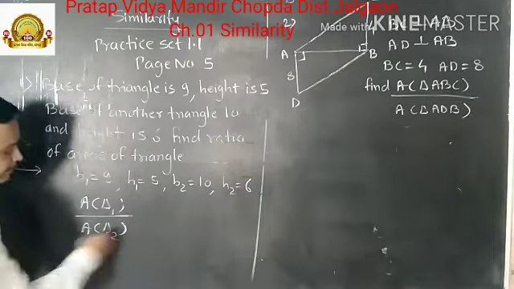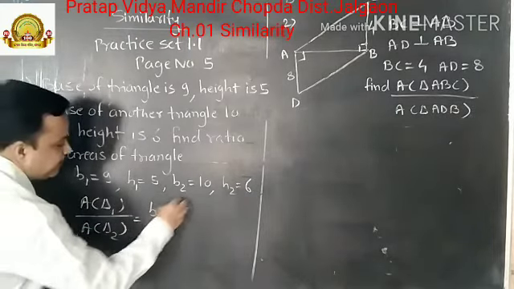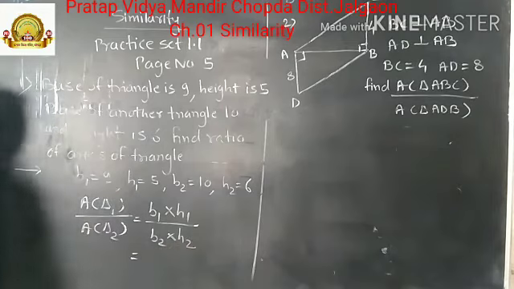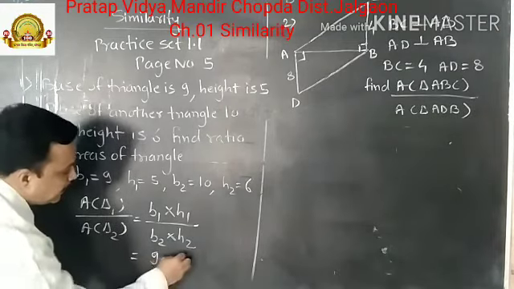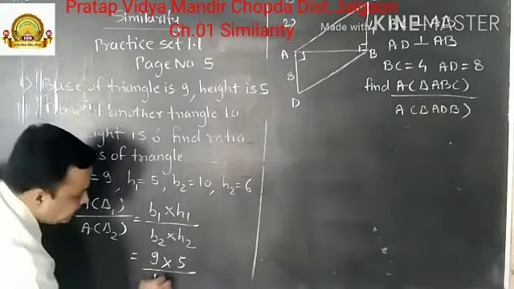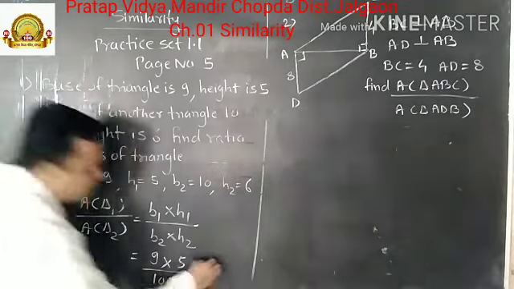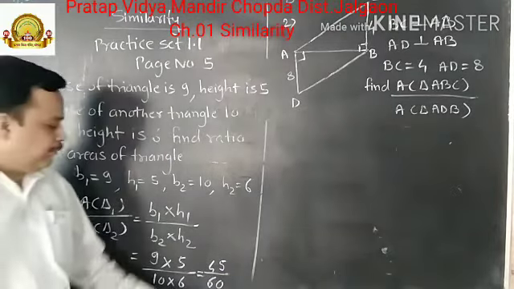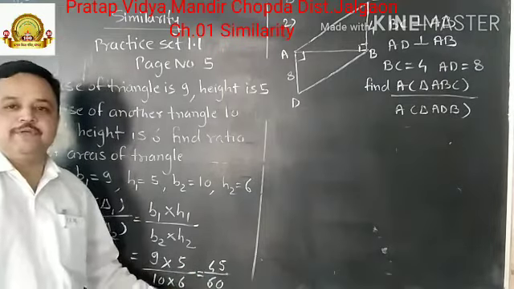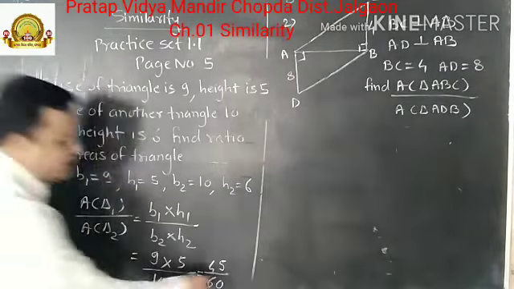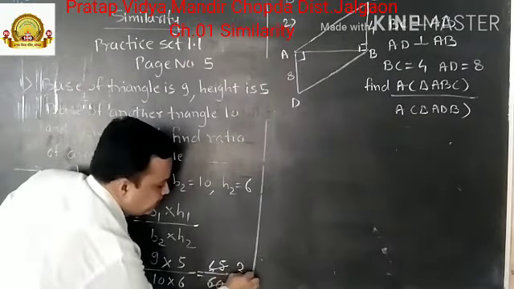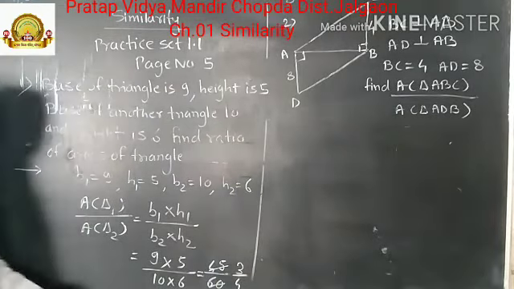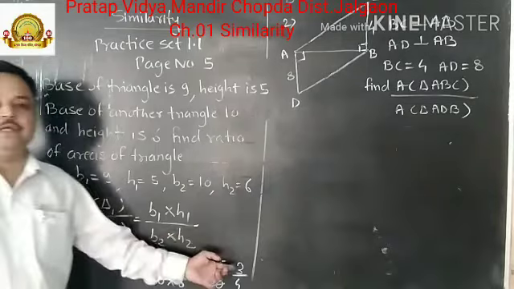So we write the formula this way and put the values: 9 into 5 upon 10 into 6, that is 45 upon 60. We give the simplest form to this ratio by dividing with 15. We get 3 upon 4. It means the ratio of the areas of the two triangles is 3:4.